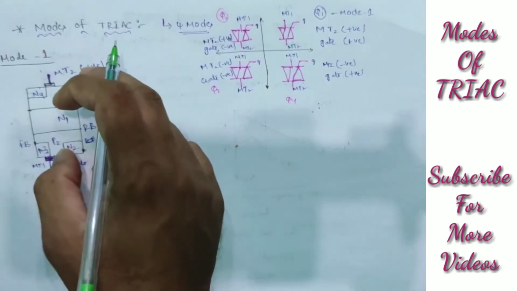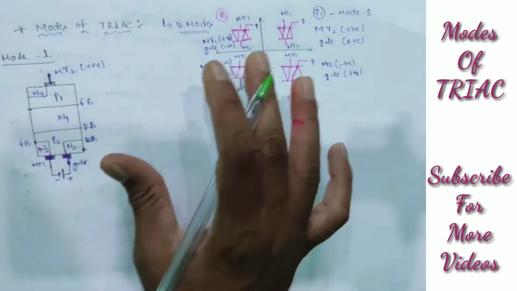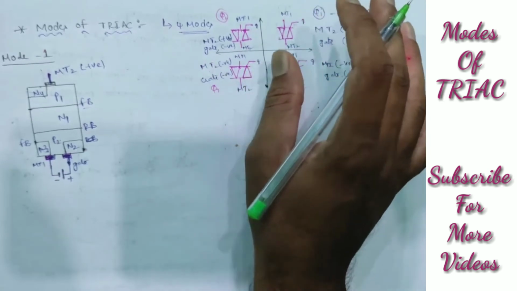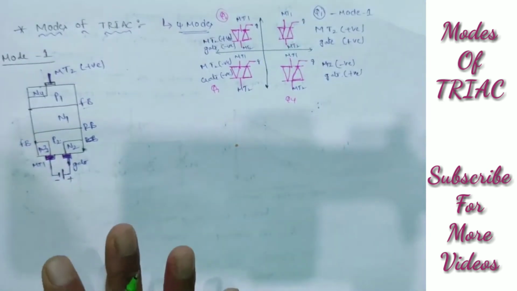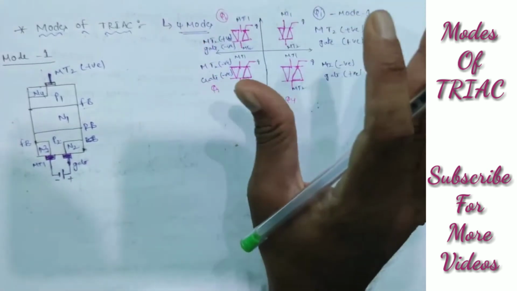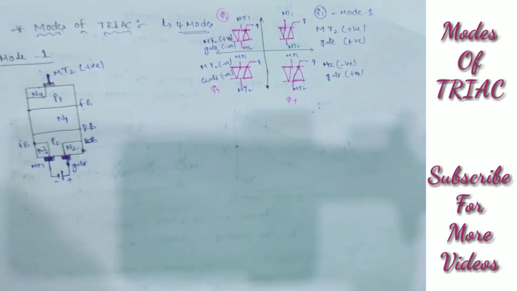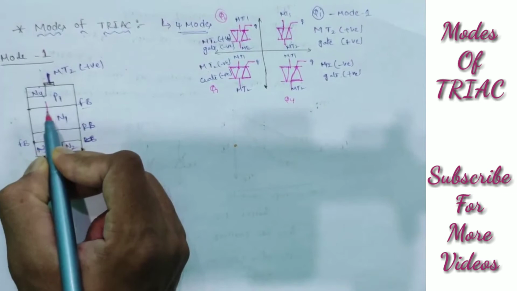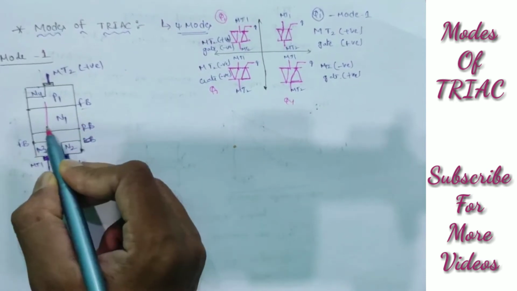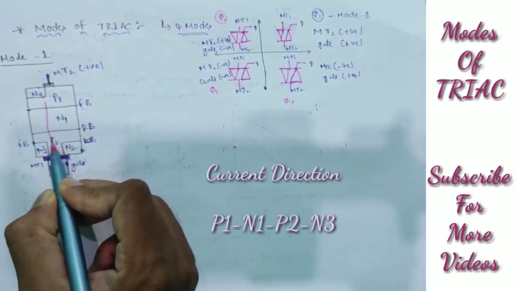In this case, what is the current direction? The current always flows from the P layers to the N layers, that is, from the positive terminal to the negative terminal. The current flows from P1 to N1 to P2 and finally to N3.